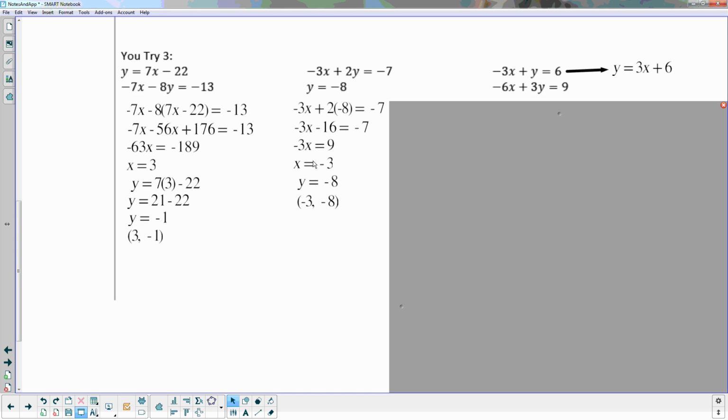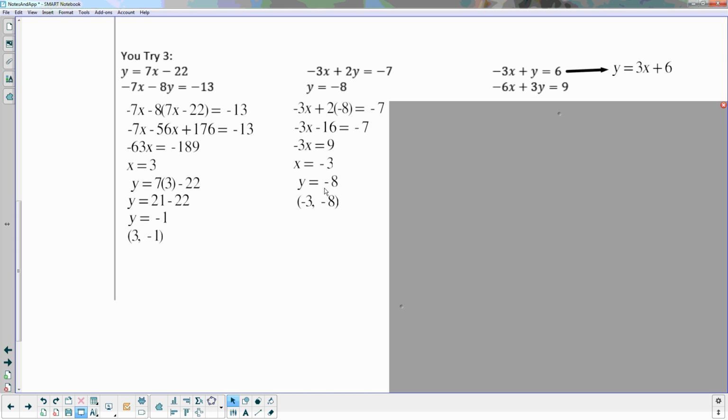I end up solving for x, and that's the last thing I have to do. I get negative 3x plus 2 times negative 8 equals negative 7. And then negative 3x minus 16 equals negative 7. Negative 3x equals 9, giving me x equals negative 3.